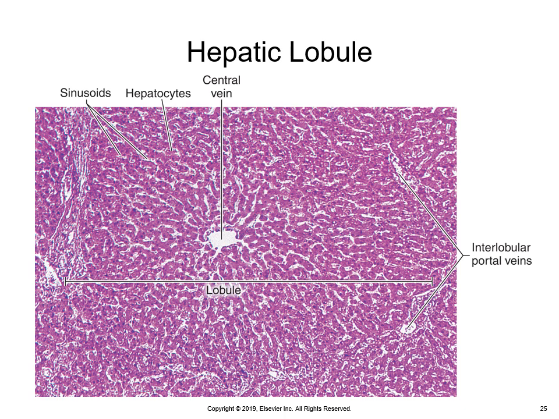So in terms of the flow of blood through the lobules, we tried to look at this in the previous slide, but blood is going to flow from the interlobular portal veins. It's going to enter the lobule. It will travel eventually through these sinusoids where the hepatocytes will process those nutrients and also remove the toxins.